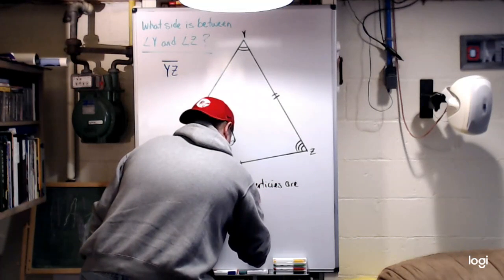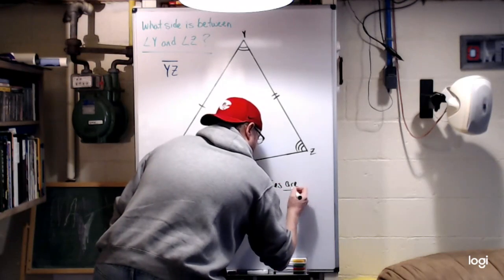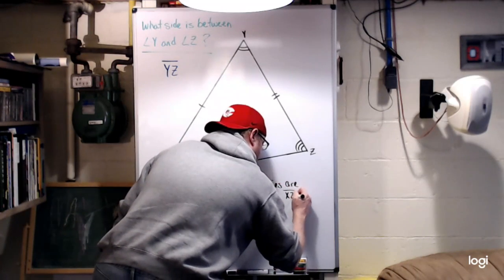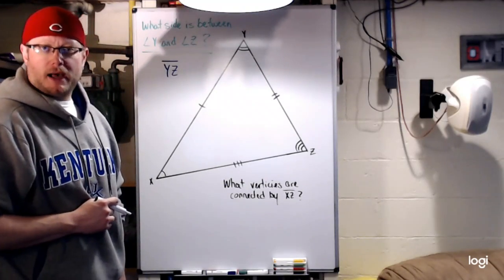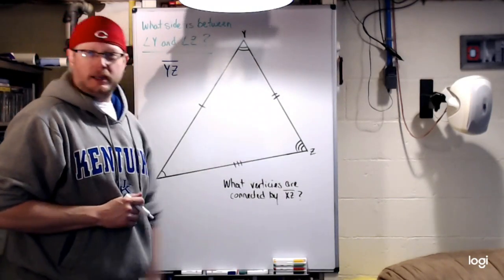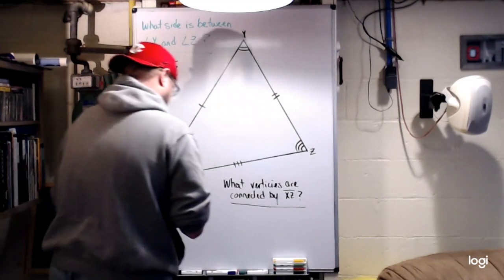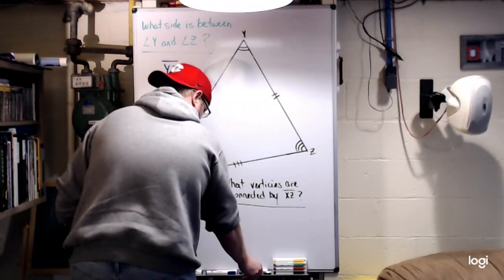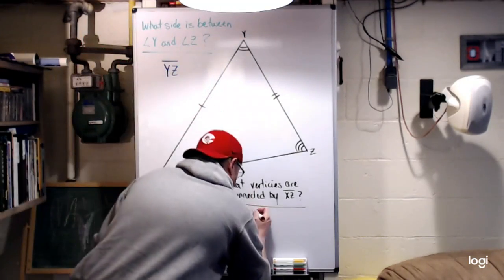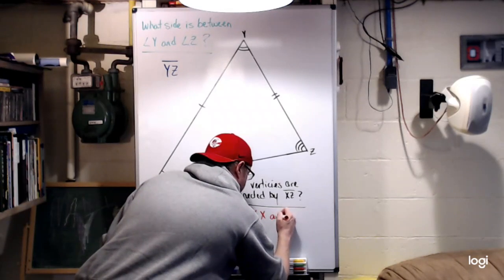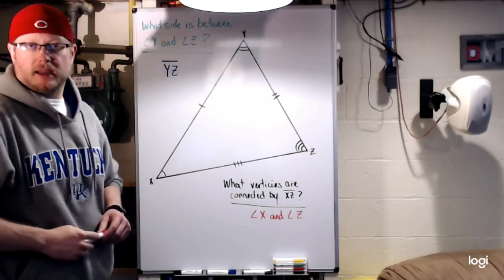What vertices are connected by side XZ? Don't overthink it. It is as simple as, and I'll switch up the color so it doesn't look like a big black mass, it would be X and Z. Angle X and angle Z.